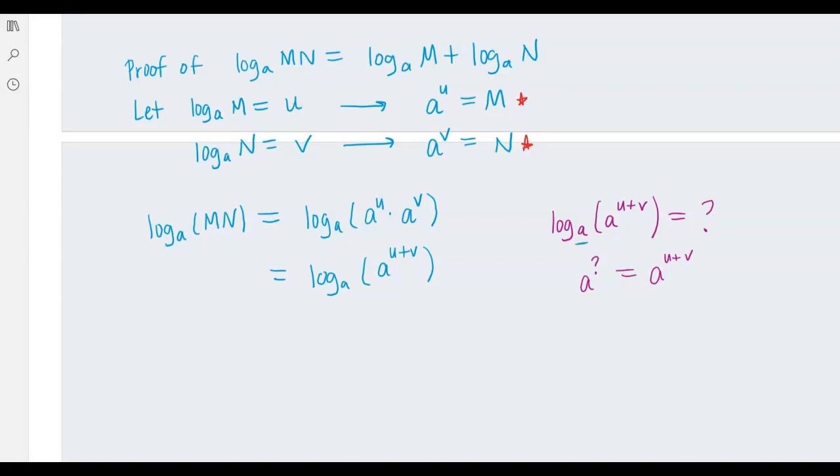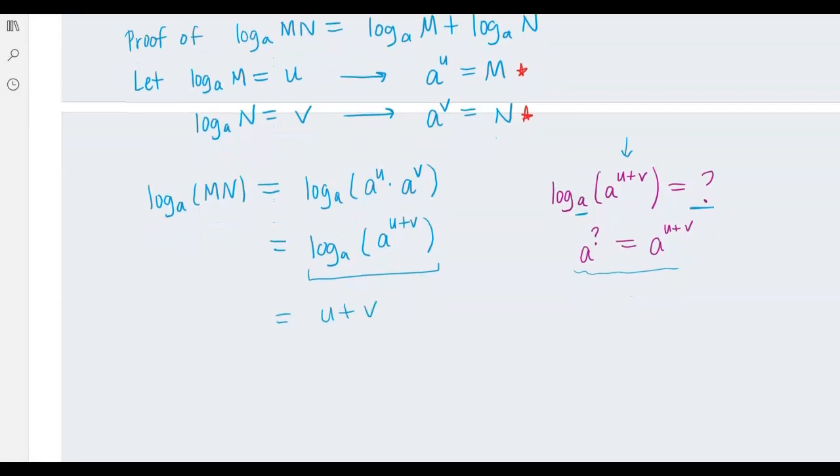I'm saying this is the base, this is the exponent, and this is what it's equal to. Well, looking at this equation that I have here, I can see that the question mark is going to be u plus v. So this simplifies to just u plus v. And then going back to our original substitution, we can change this to log base a of m and log base a of n.